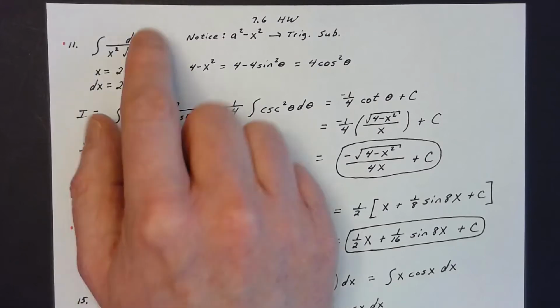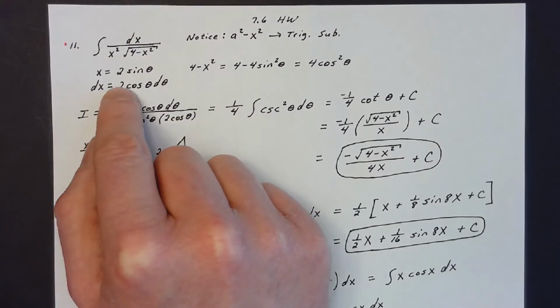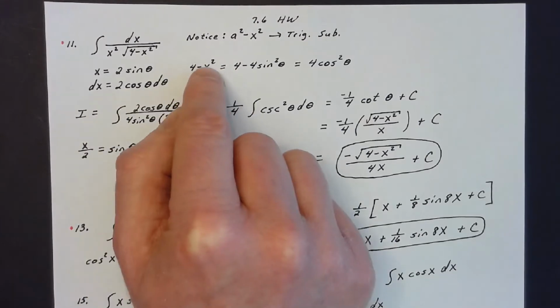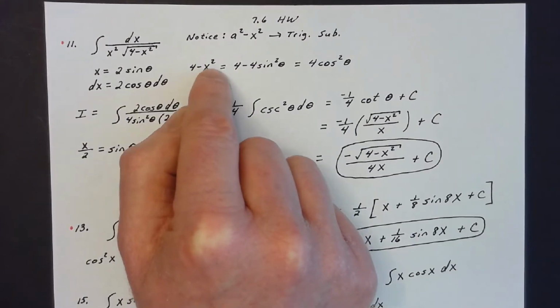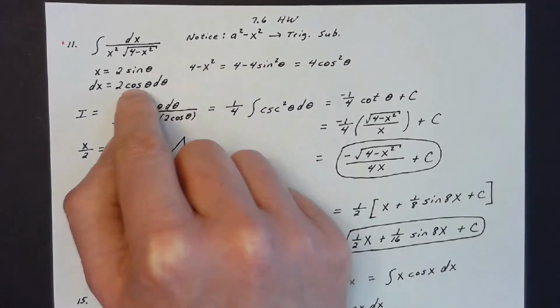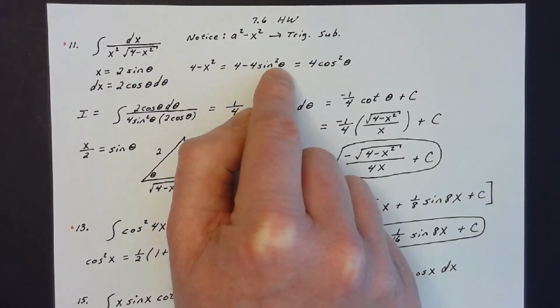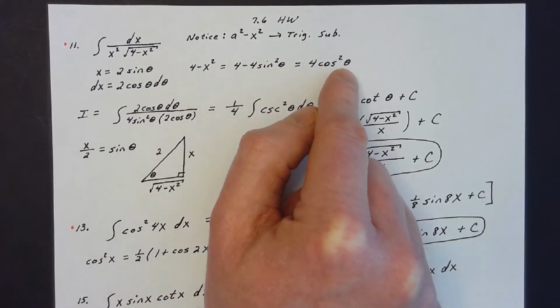And now if x is equal to that, then dx would be 2 cosine of theta d theta. Now I can go into the problem and say, well, 4 minus x squared would be 4 minus 4 sine squared theta. And I know that that's going to be 4 times 1 minus sine squared, which is cosine squared.